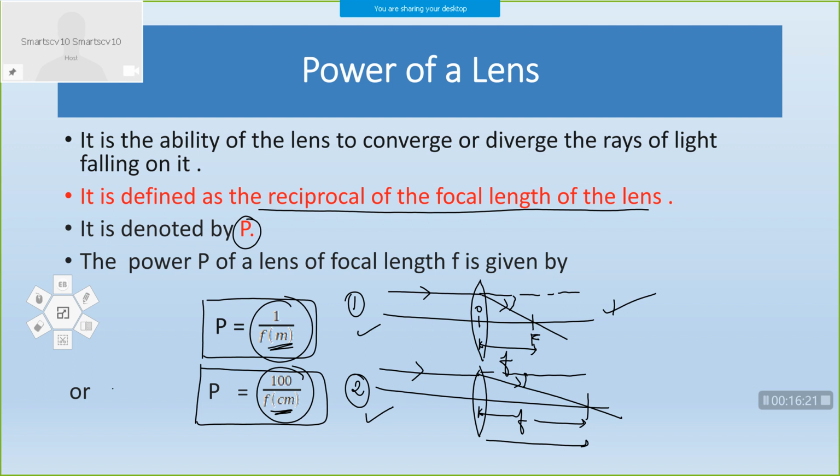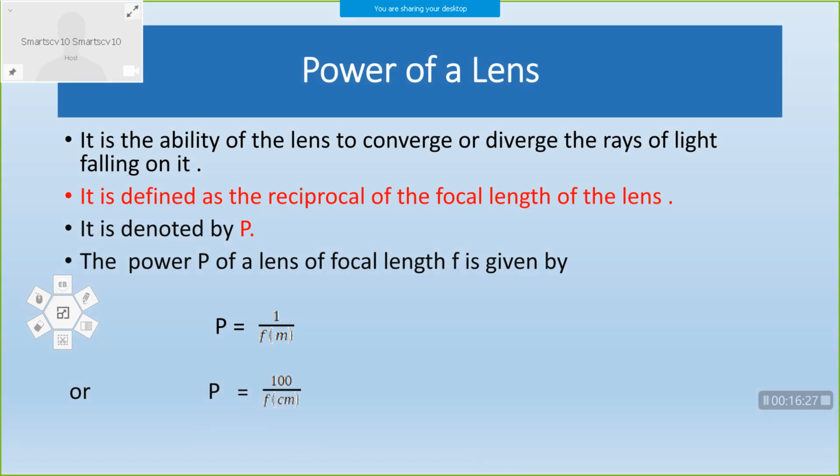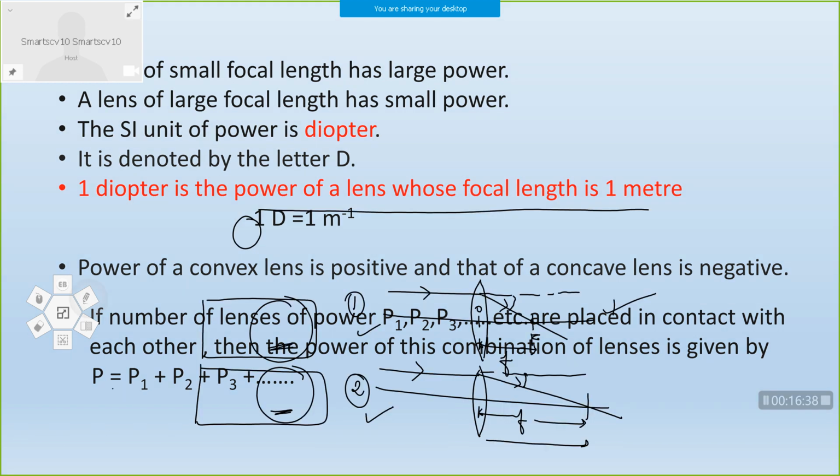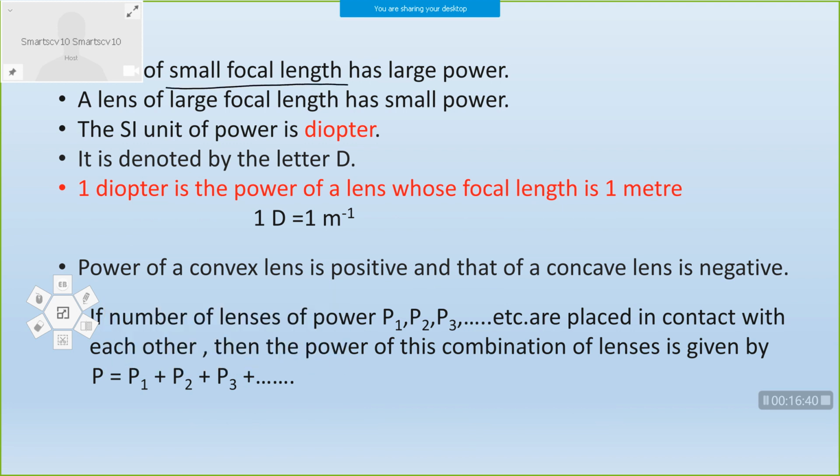So it is 1 by F if F is in meters, and 100 by F if F is in centimeters. A lens of small focal length has large power, as we have already discussed. A lens of large focal length has small power.